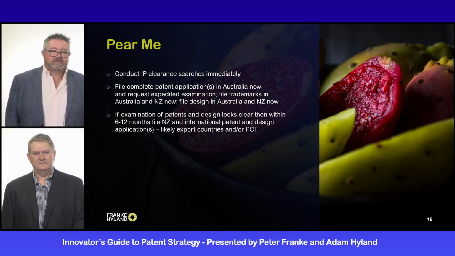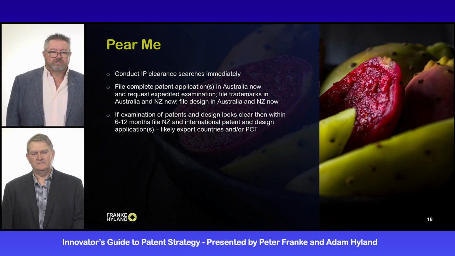It'd probably cost us less to draft and file the application in those two countries and find out what's going to happen and see what happens next than it would be to do a completely comprehensive patent search. So in that sort of circumstance, we would just take the option to do a shorter clearance search, just to make sure that we're not going to run into any immediate patent infringement issues.